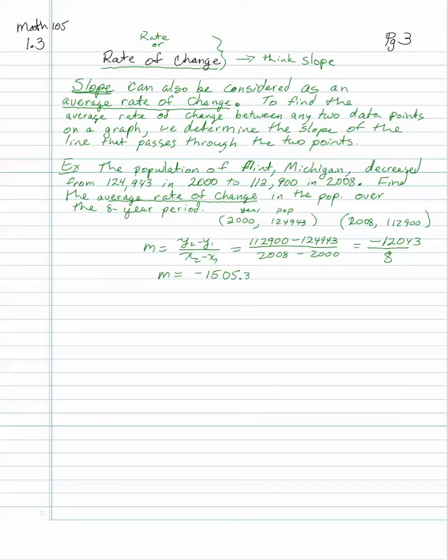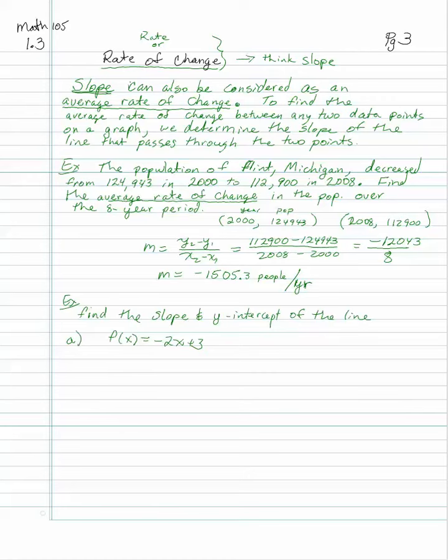So it's going down by a little over 1,500 people per year. The y coordinate is the population, the people, and the x coordinate is years. So that's how you say it: it's decreasing by 1,500 people per year.